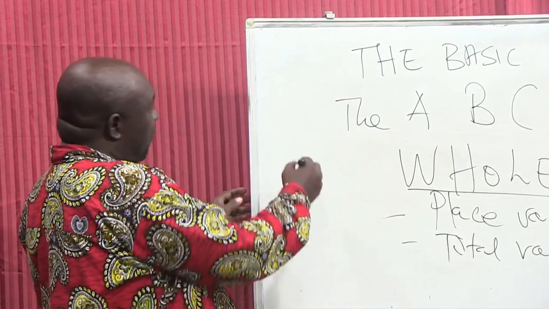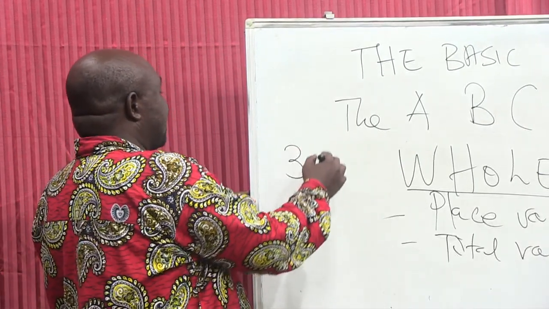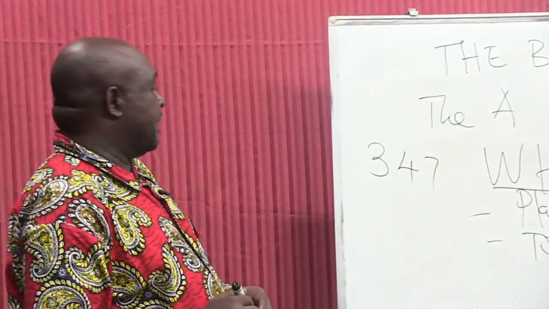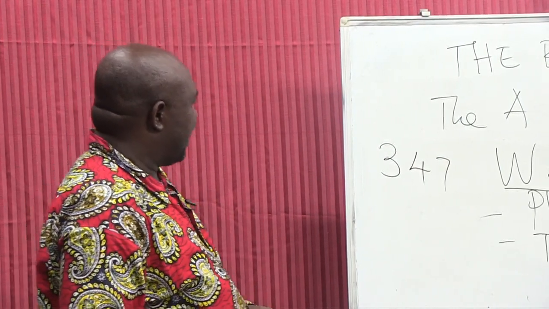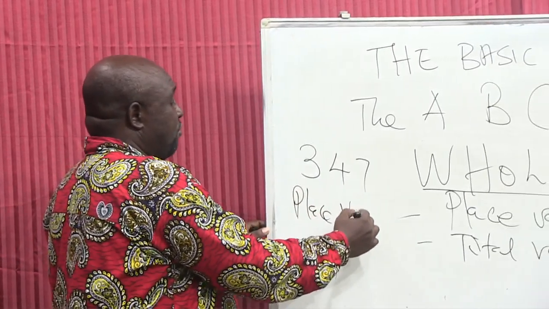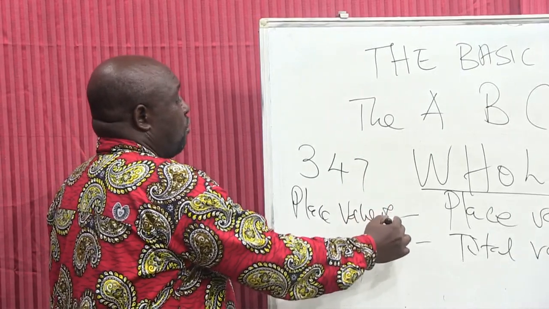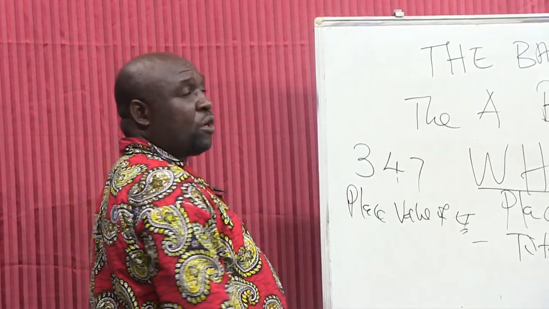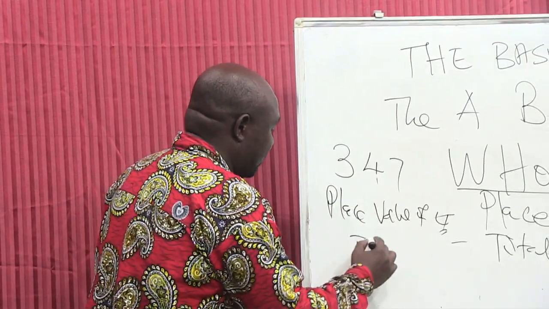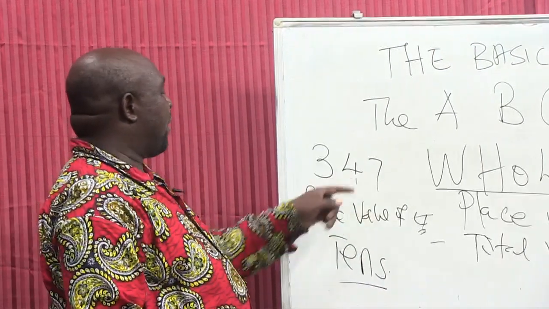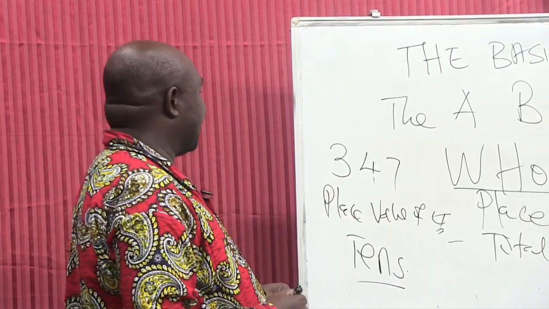For example, given this number 347, the place value of 4, what is it? Tens. So you say 4 is in tens.